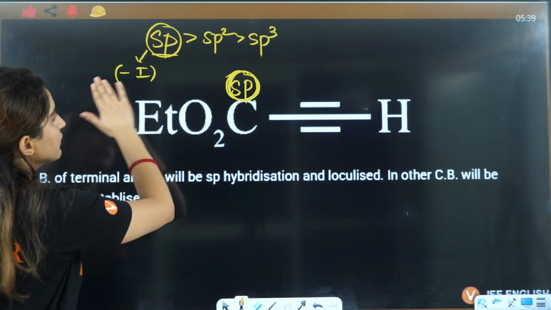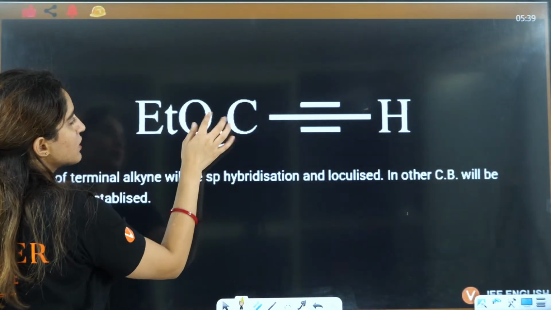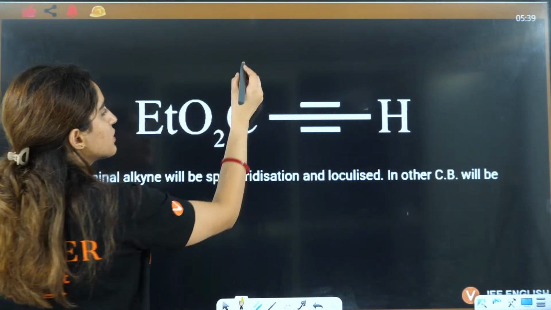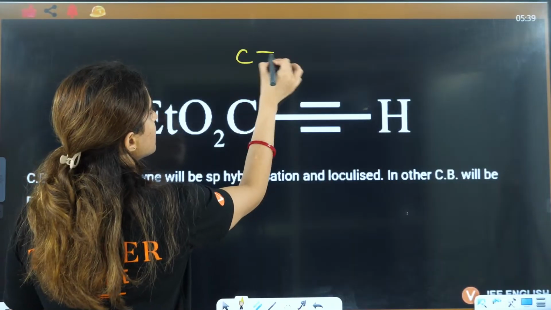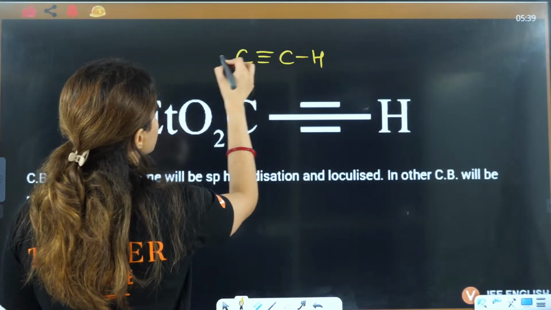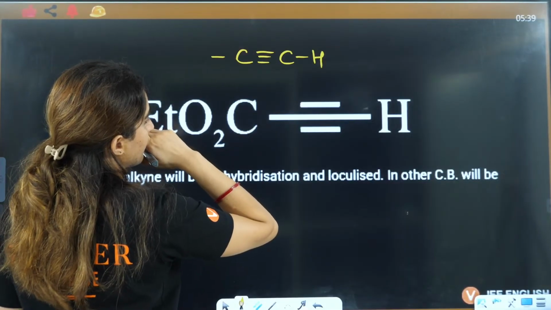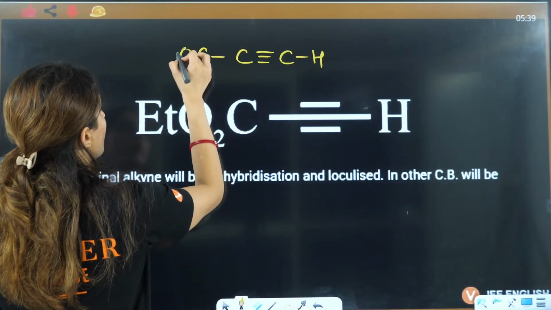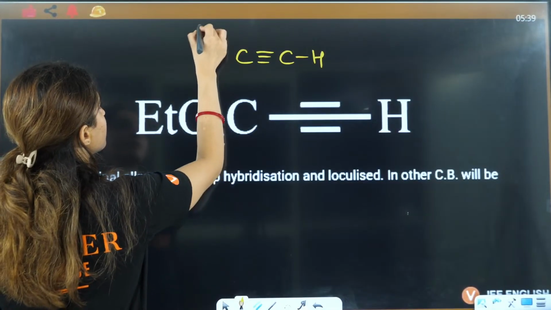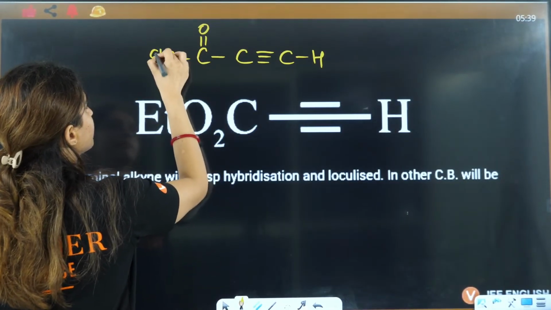Terminal alkyne, no? Yes, I forgot to see this COO. This is actually C triple bond CH. This is C double bond O, OEt.